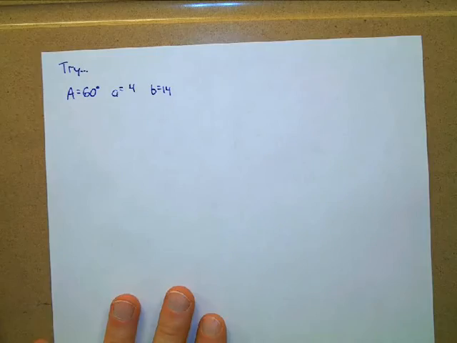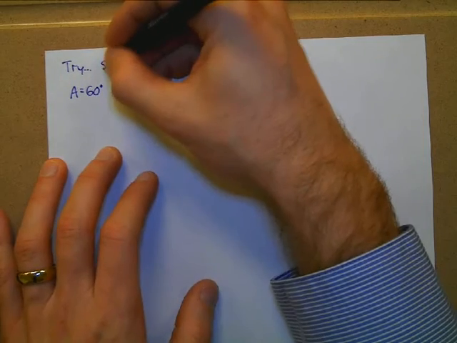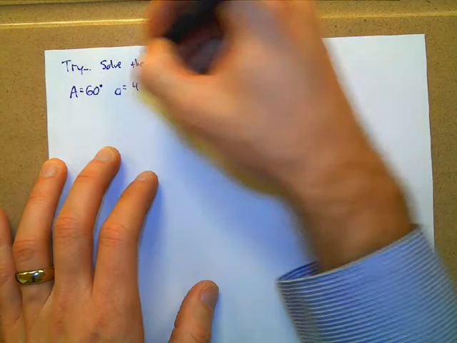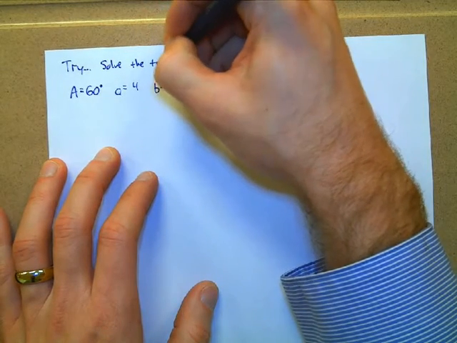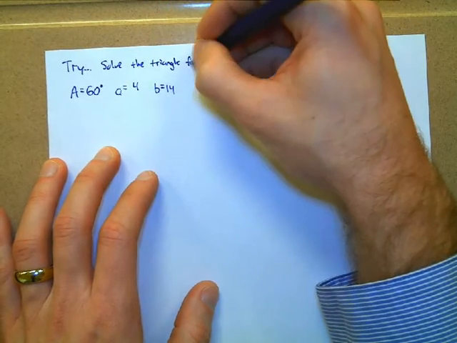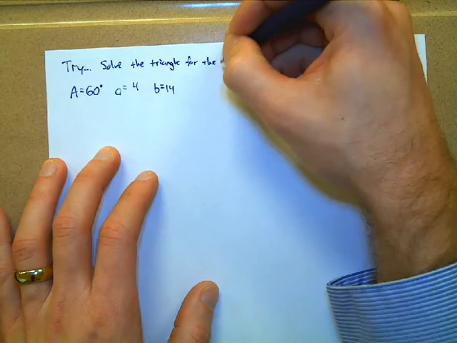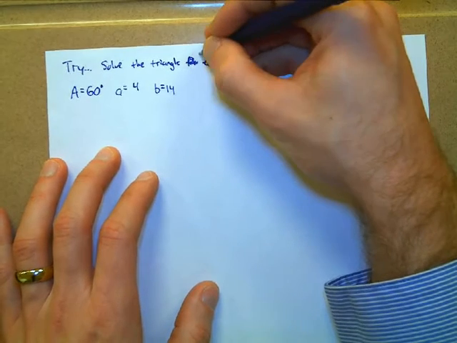So that'll be the one, and the other one is A equals 58, little a is 4.5, little b is 5.